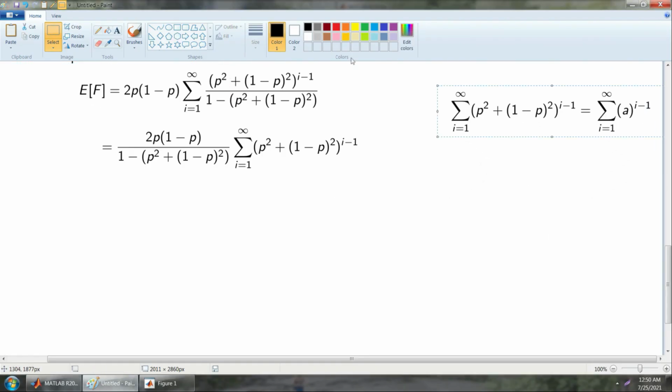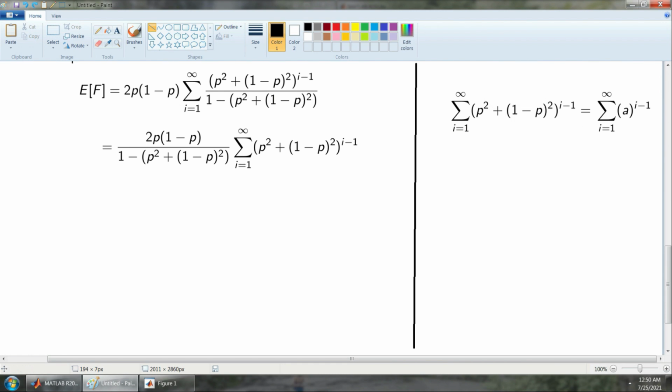So as an aside, and let's draw a line, this sum here is equal to this, where a is given by p squared plus 1 minus p squared. And this thing is a geometric sum, right? I know a is going to be less than 1 just by the notion that this is not a certain event.